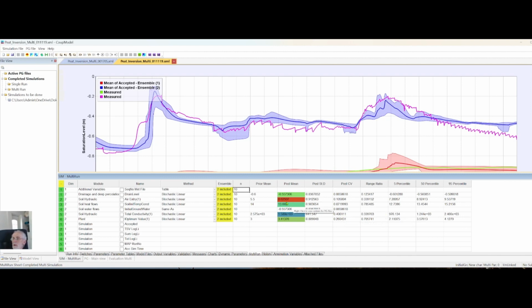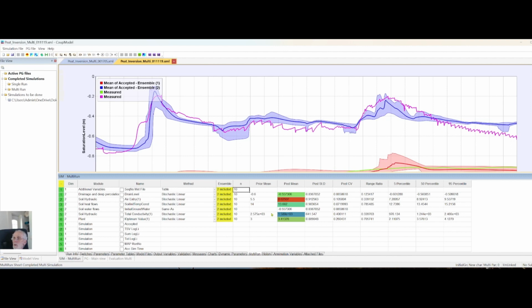And you could see that this red one is a high value and a blue one is a very low. So some have been constrained to the upper range and some have been constrained to the lower range.